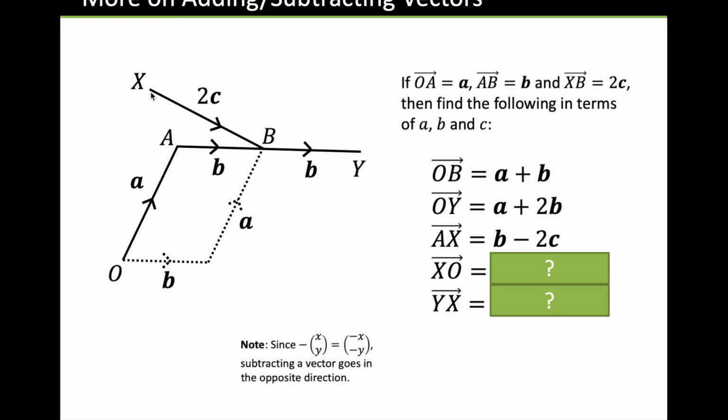Again, we're going from X to O. So that's equal to vector 2C minus vector B, because we're going the opposite, and then minus vector A. So again, if we go the opposite, we have to change the sign, and same thing with vector YX.